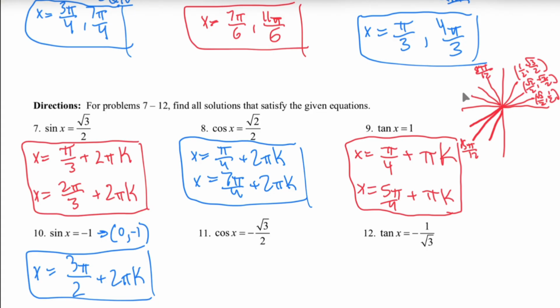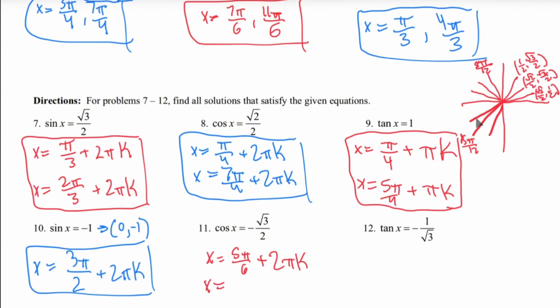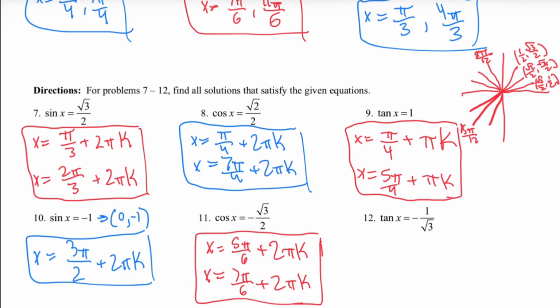So 10 pi over 12 also simplifies to 5 pi over 6. And then the other one in quadrant 3 is this one right here, which is 7 pi over 6 plus 2 pi k.